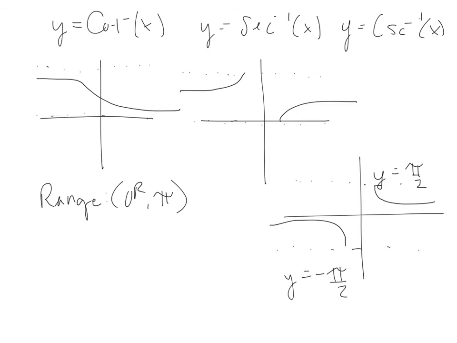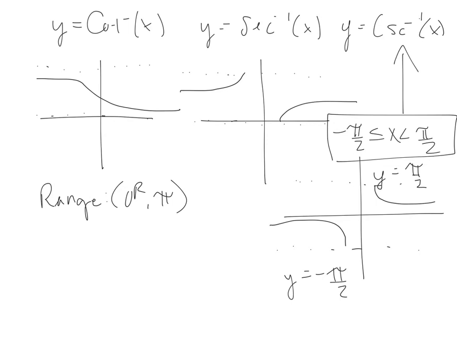So then the range for a cosecant graph is negative pi over 2 to pi over 2. So this is inclusive for cosecant, and then for secant it would be this.